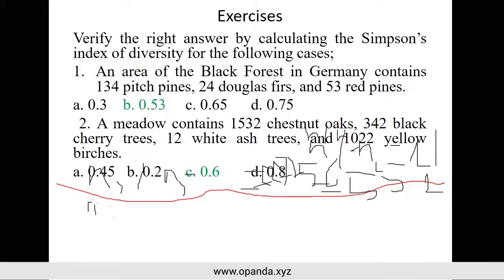Then after we can calculate the total, which is the summation of what we did, which is going to be equal to 21,130.